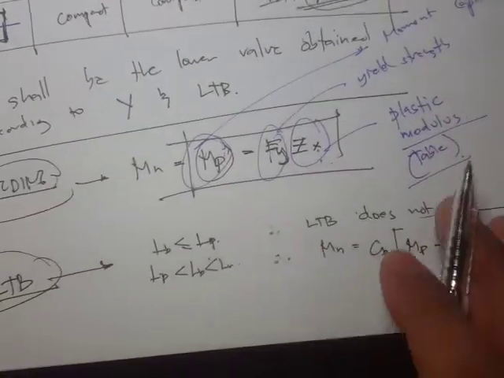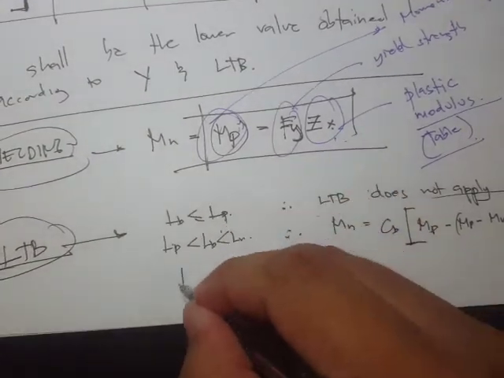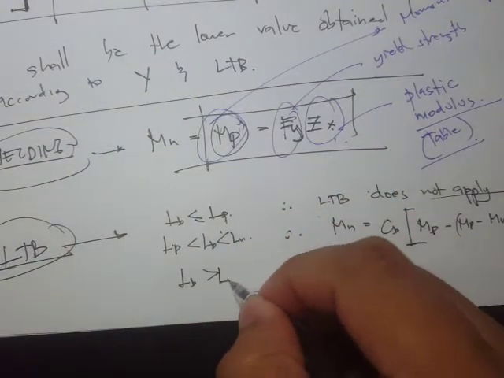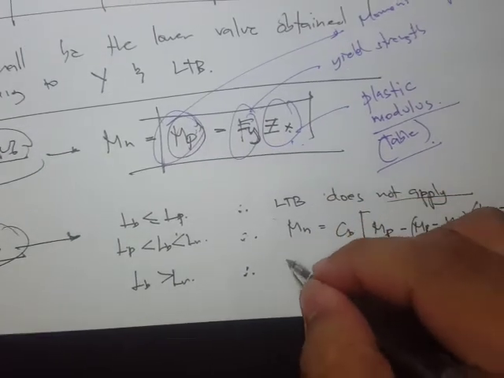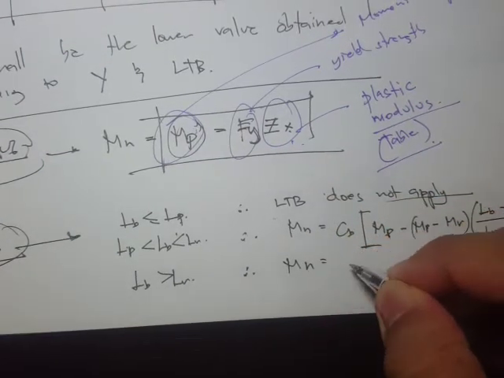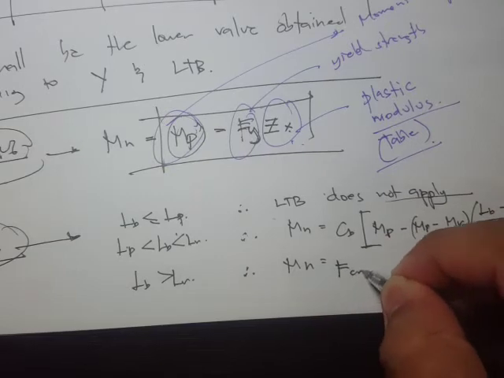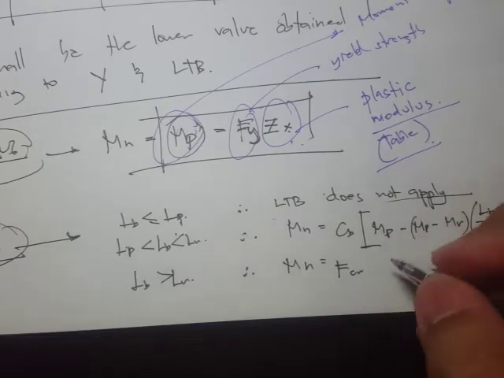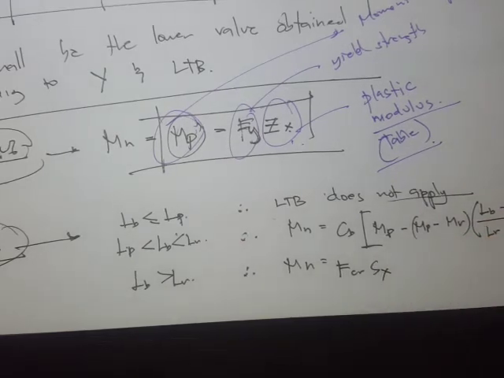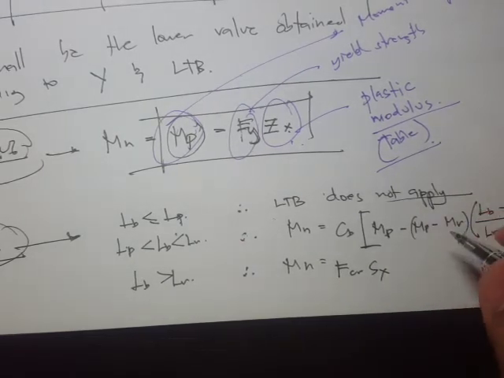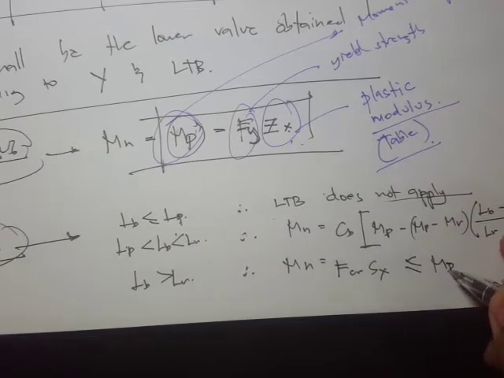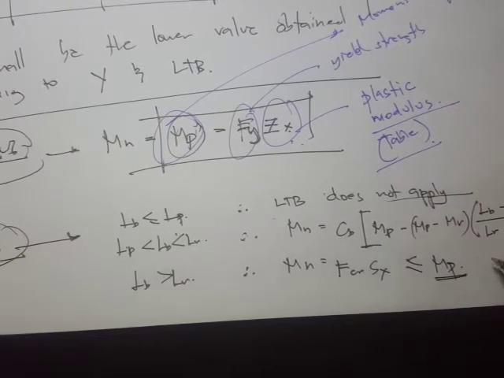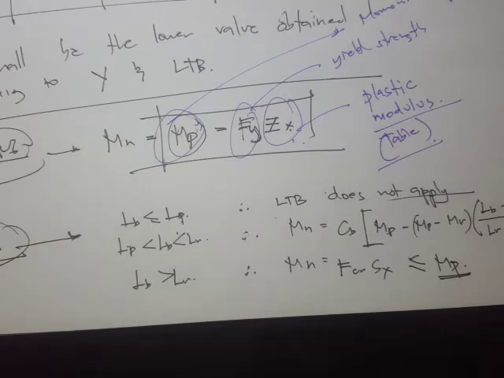Okay, so the last condition is if you have an unbraced length greater than L sub R, then you have this equation, F sub CR times S sub X as the section modulus, provided that it is less than the plastic moment capacity.